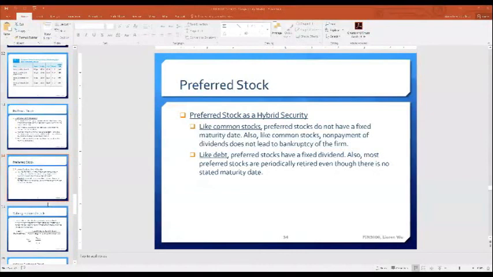When it comes to claiming on assets, when an organization or corporation files for bankruptcy, you are among those who will benefit. Common stock is in the last part. Although you have the right to vote, when it comes to claiming, you are last. You are the least priority, because all the preferred stockholders will be served first.